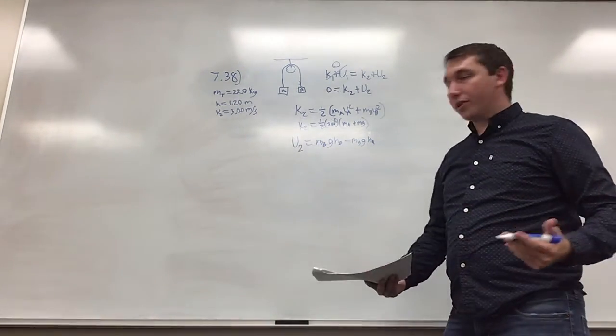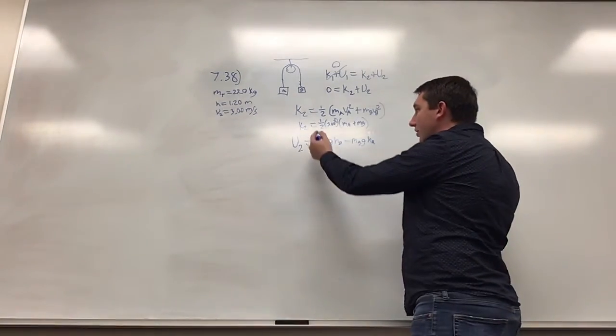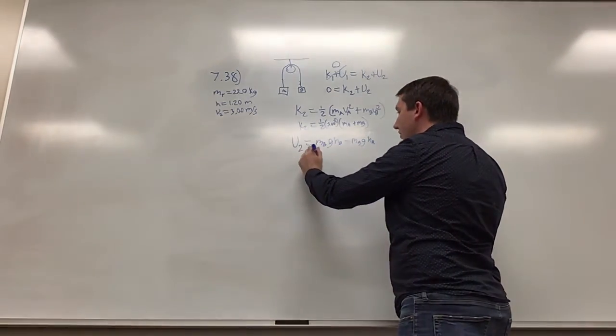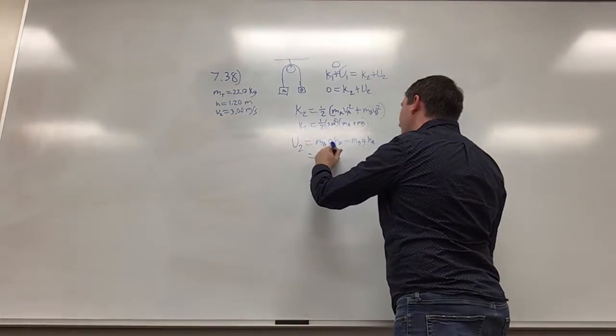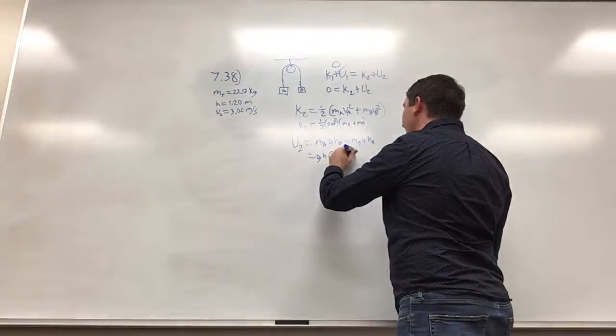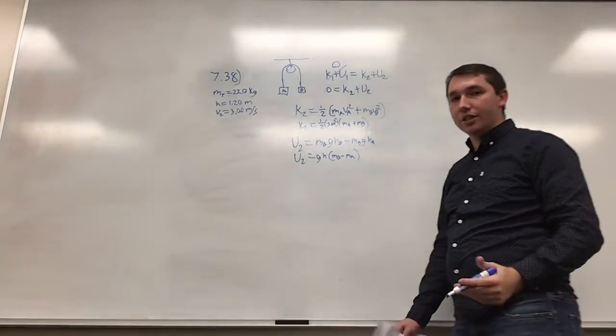They both have the same change in height, and so like up here, we can pull those out. So gravity times the height times mass B minus mass A is our second potential energy.